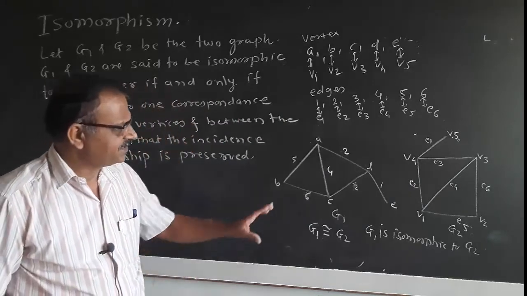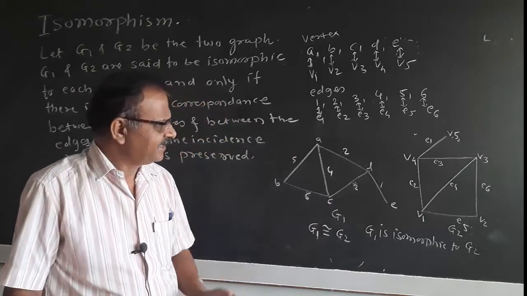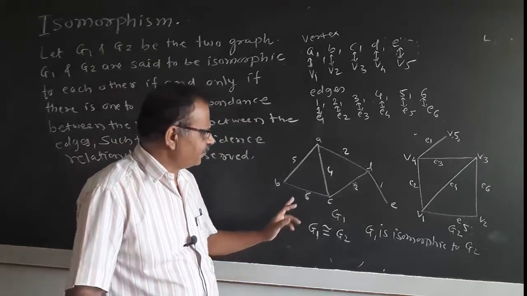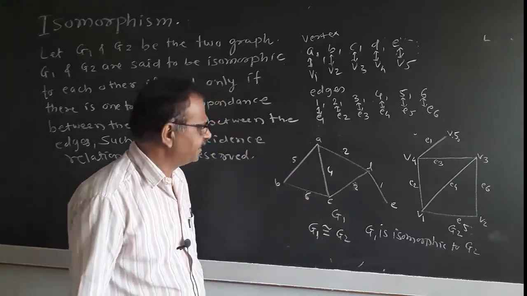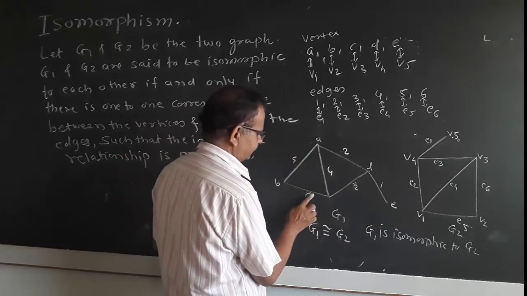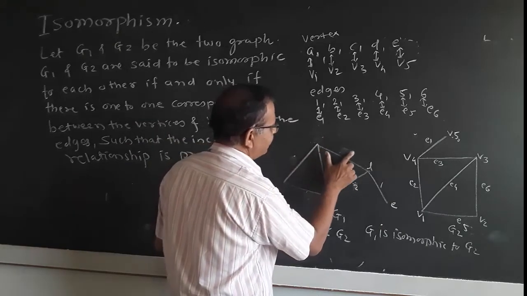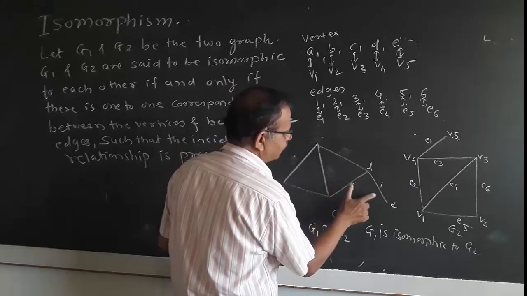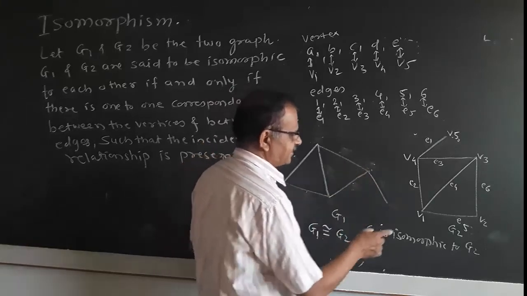Now, if you see these two graphs, what happens if we don't label the vertices and edges? We have not labeled the two graphs with labels of vertices and edges.